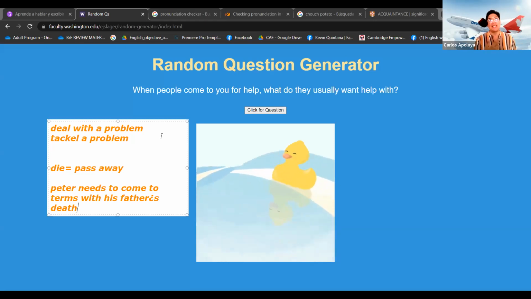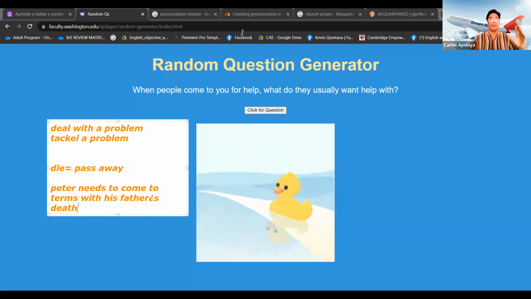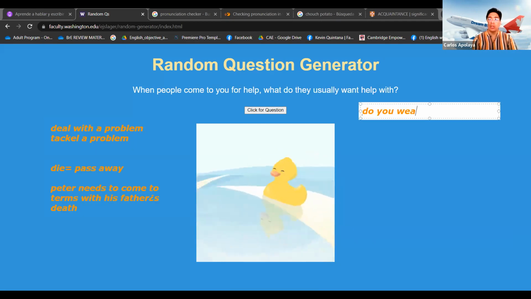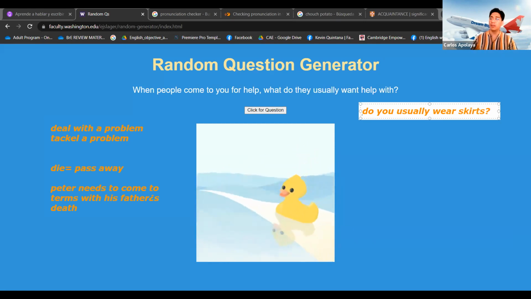Okay. Another expression that pops into my head is, for example, do you usually wear skirts? No, right?